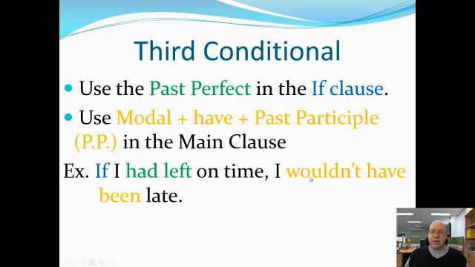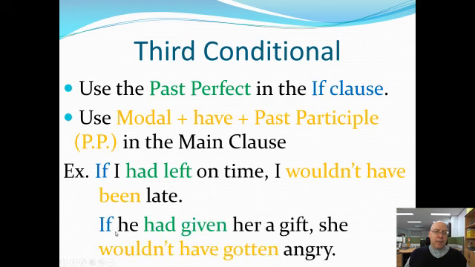And for the main clause, we have our modal. We talked about modals before. I wouldn't have been late. So we have our modal plus have plus our past participle. Make sure that in the if clause we have our past perfect, and in the main clause we have our modal plus have plus our PP. If he had given her a gift, she wouldn't have gotten angry.